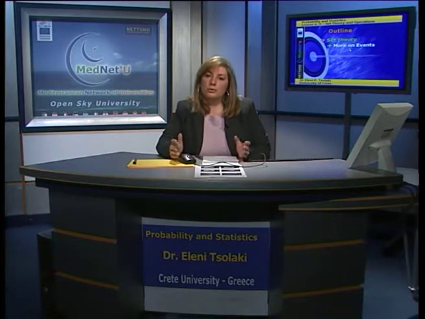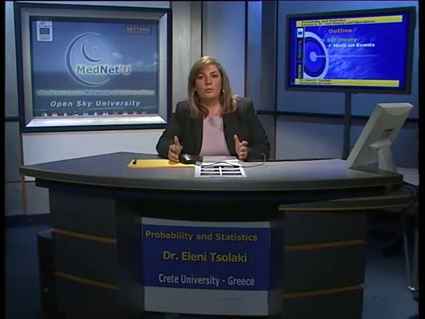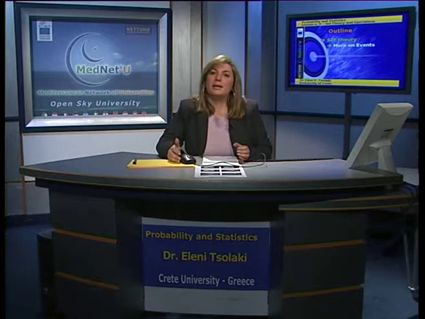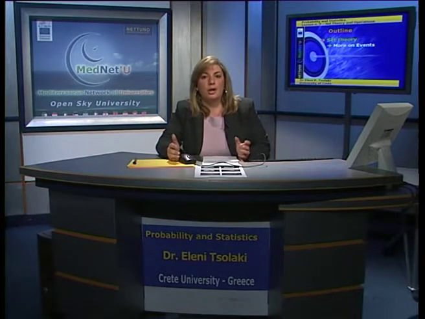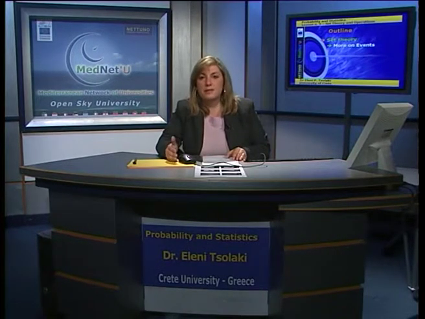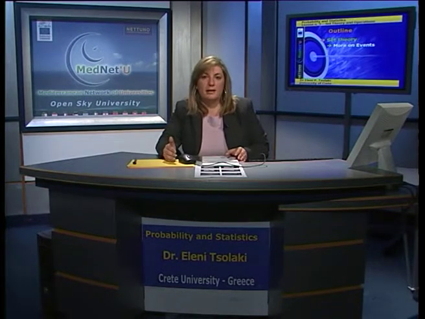We made clear how, when we have an experiment, to find out what our event is and what our sample space is, because when we start working with probabilities, as we said, the first thing we do, we need to know the sample space and the events.